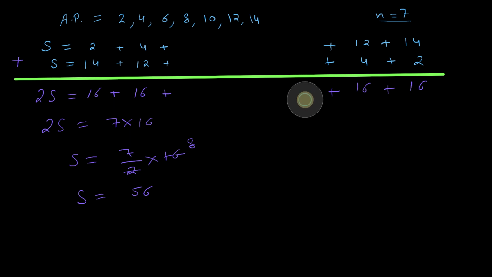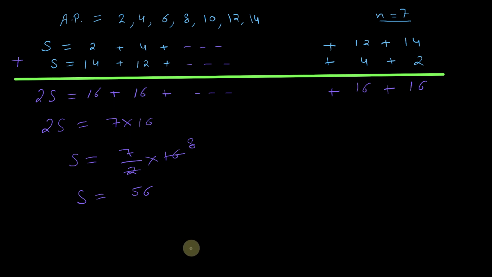These numbers which have been erased can be represented by these three tiny dots. The equation is the same, but these numbers are not visible here. There may be 300 or 3000 numbers. No problem. Okay. So now we will take this approach to generalize the formula for sum of n terms of AP.